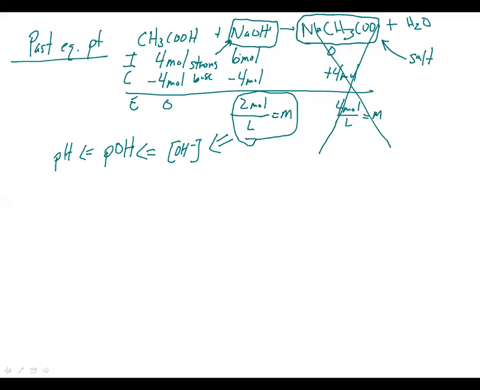So when we go past the equivalence point in this type of titration, again, very different than the first type of titration, it requires one ice table to be done in moles. The purpose of that ice table is to figure out the concentration of your strong base you have left over. And once you have your strong base left over, that'll allow you to get to your pH.